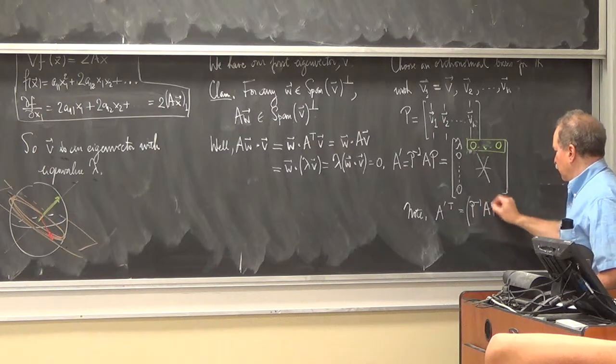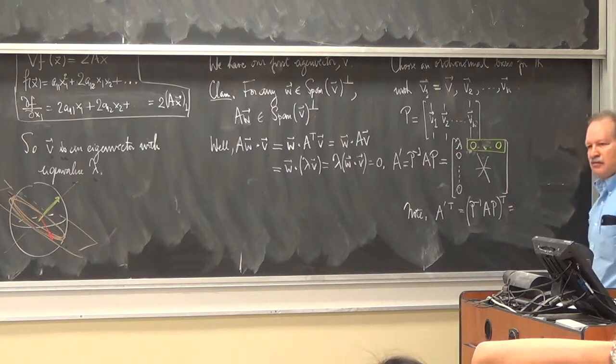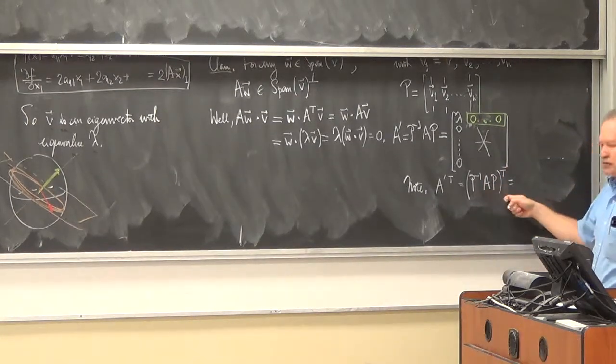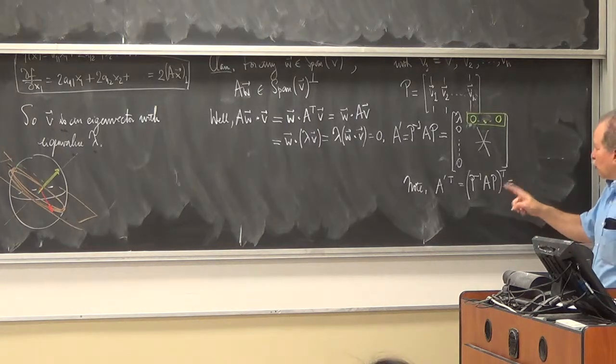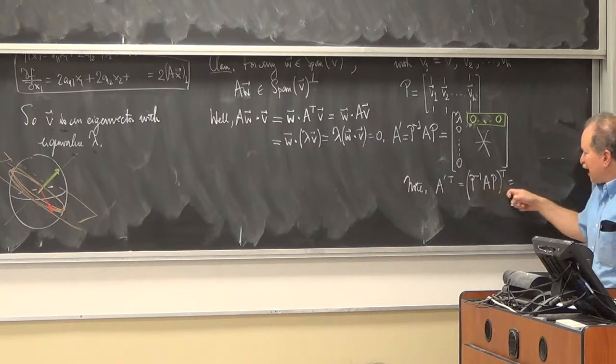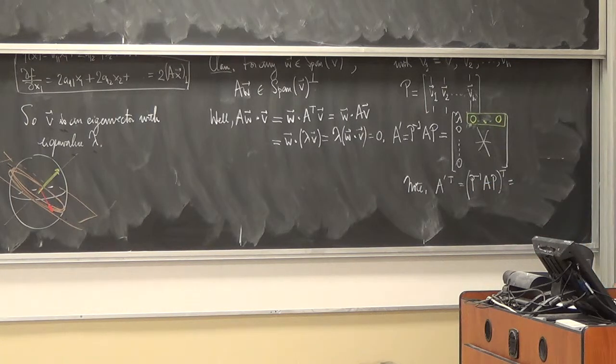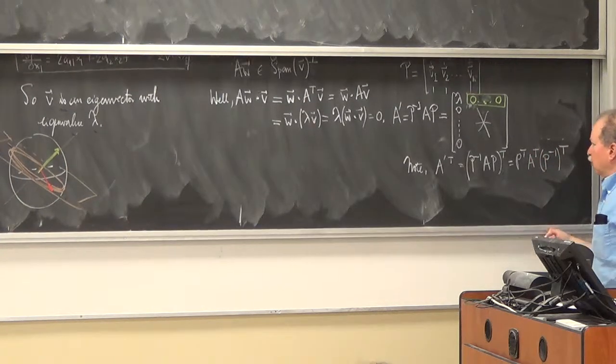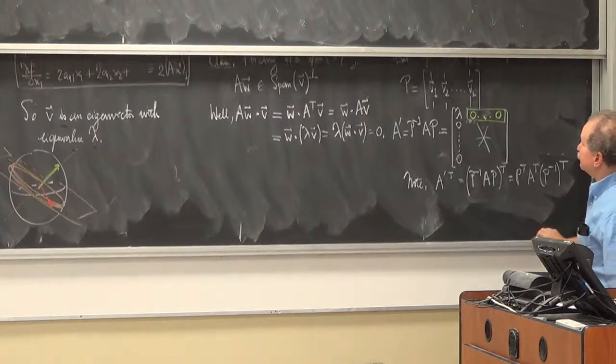It'll still be the lambda and the zeros. The junk will be transposed. But let's just write down what this formula tells us: P inverse A P, transposed. Right, what do we know about the matrix P?